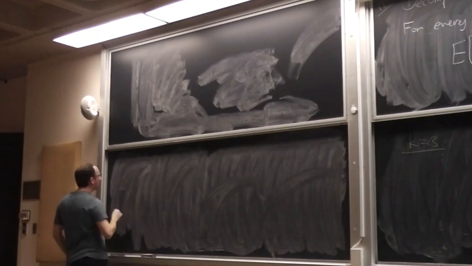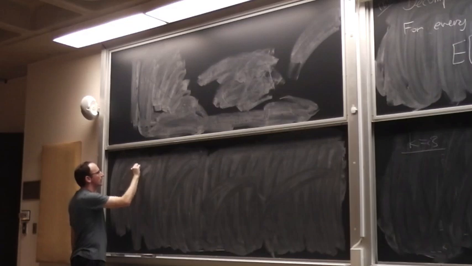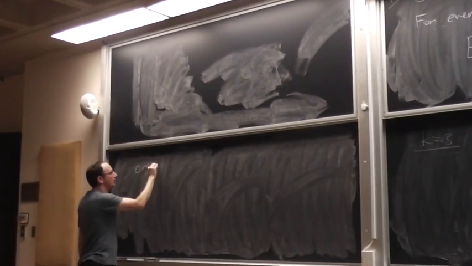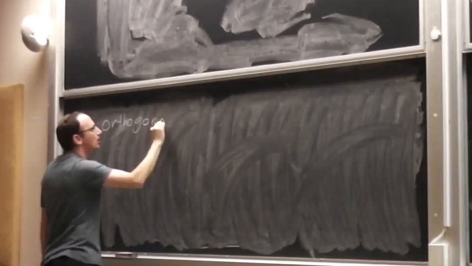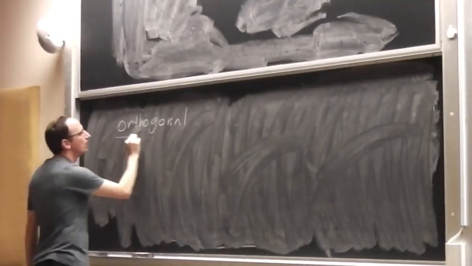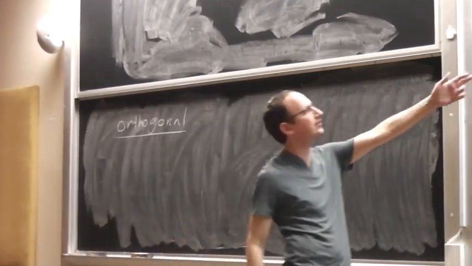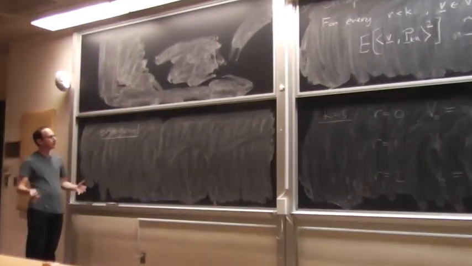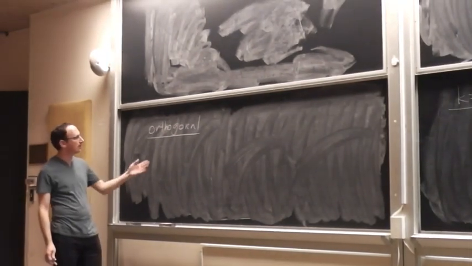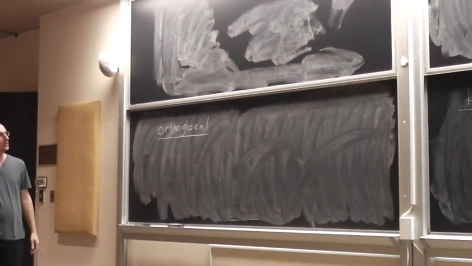So one answer to this question is to also require orthogonality. If you want the decomposition to satisfy this property, and to give us the whole space as an orthogonal direct sum of subspaces, then it is a unique decomposition that has this property.